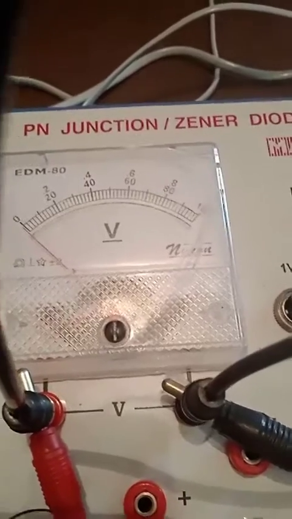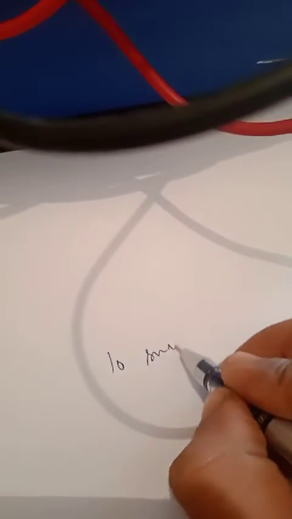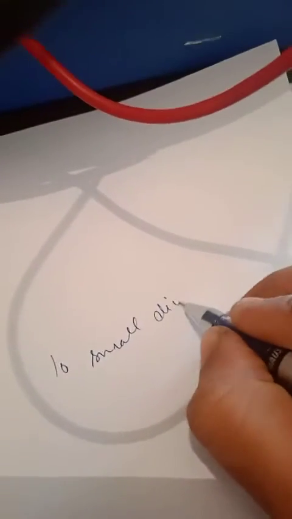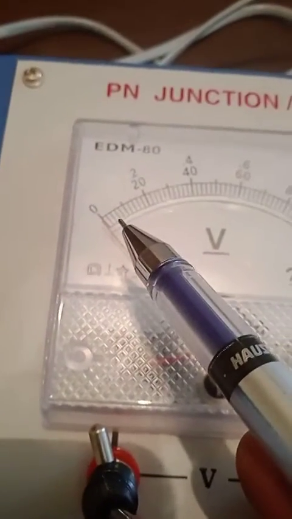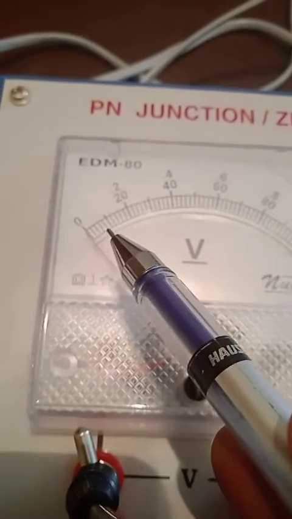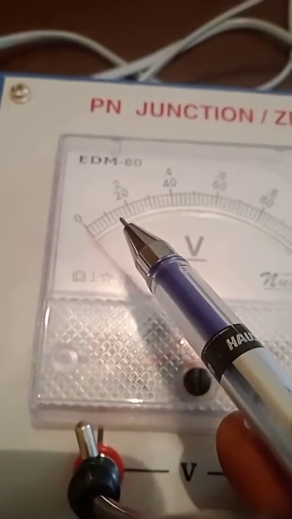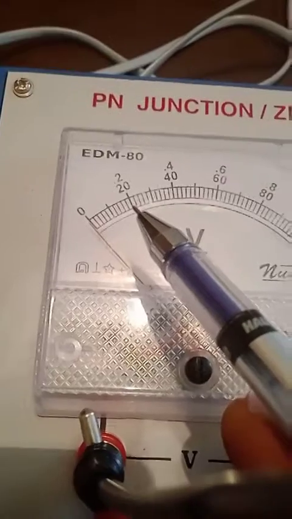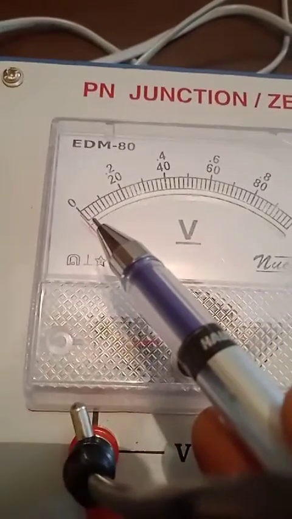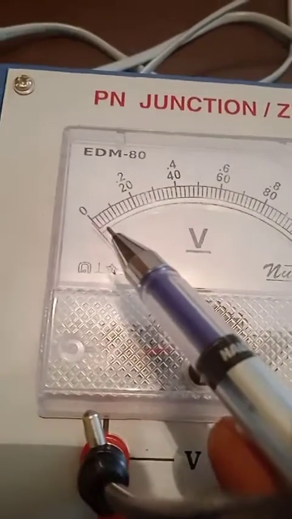If 10 small divisions are equal to 20, then one small division is equal to 20 by 10, that is 2. Counting 2, 4, 6, 8, 10, 12, 14, 16, 18, 20, we count one division as 2.